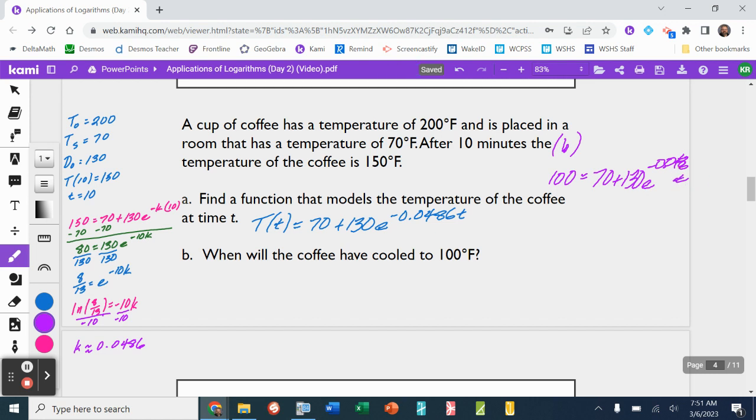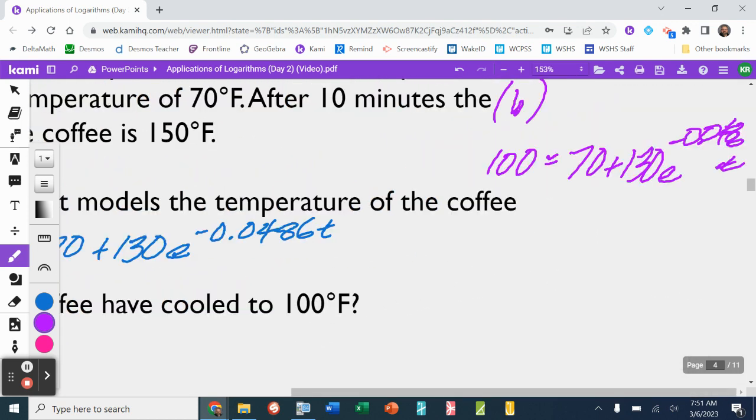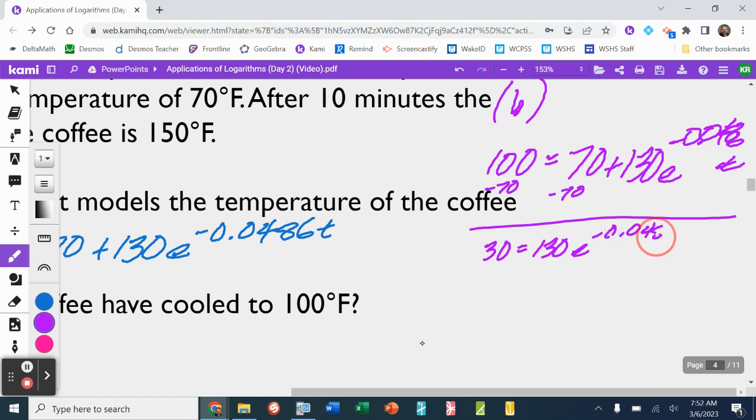So I'm going to be carrying on the same procedure that I did on the left for A. I'm going to use the same process for solving. So I'm going to subtract 70 from both sides. That's going to give us 30 is equal to 130 e raised to the negative 0.0486 t.